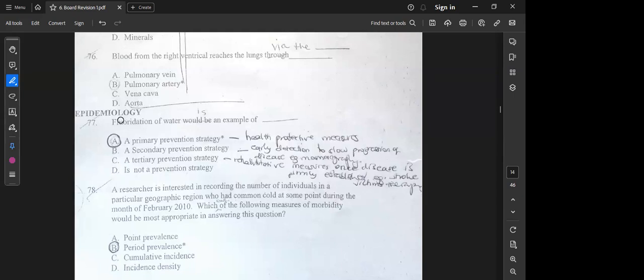Fluoridation of water would be an example of a primary prevention strategy, secondary prevention, tertiary prevention, or it's not a prevention strategy. I feel like it's primary prevention. If I was asked what is primary, secondary, and tertiary, I would obviously guess. But if you have the definitions for the different types of prevention strategies, help us.